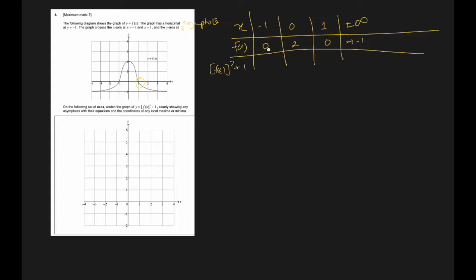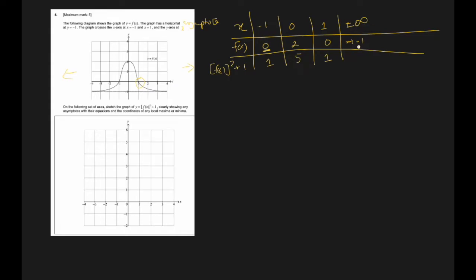So we square f(x) first: 0 squared plus 1 will be 1. 2 squared plus 1 will be 5. 0 squared plus 1 will be 1 again. And infinity squared will be infinity. That means in both the x direction and y direction it is infinity.